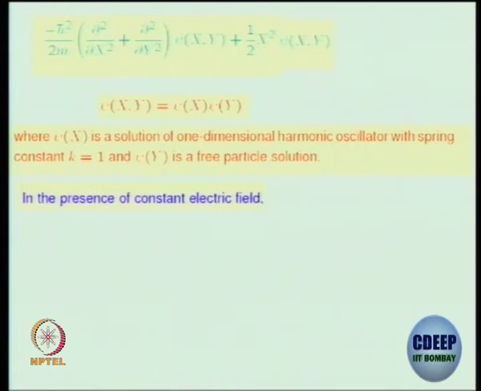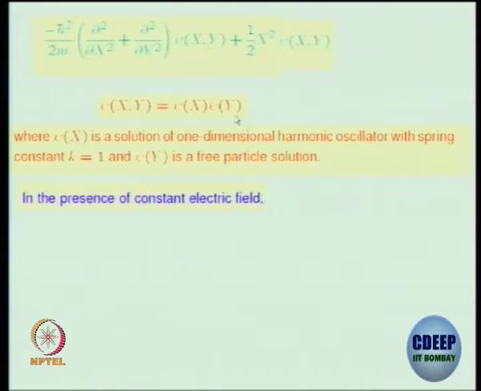So suppose I want to write the ground state wave function: the ground state in the capital X coordinate and a free particle with some momentum in the capital Y. How will you write this wave function solution, someone?